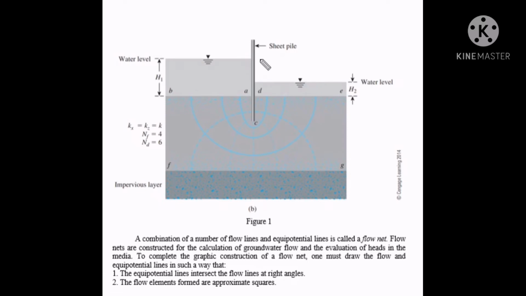So H is the difference between the two water levels here. Therefore, it is equal to H1 minus H2. That would be H in that figure.